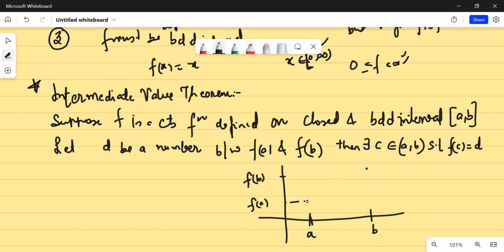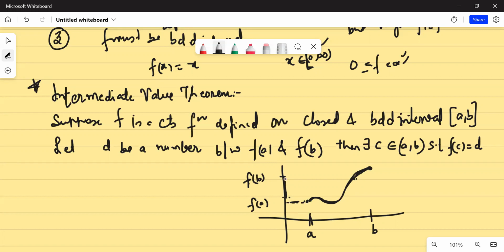And if my function is continuous, then it will take all the values between f(a) and f(b). You see, all the values between f(a) and f(b) are attained. Is that clear? First thing is clear. If my function is continuous, then it will sweep all the values between f(a) and f(b).